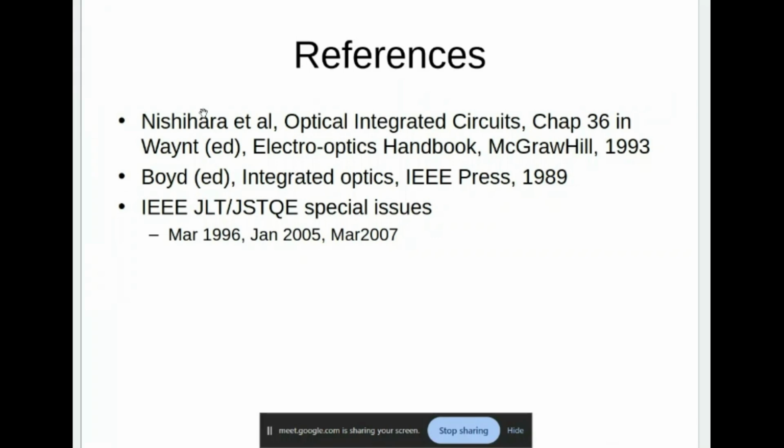I'll acknowledge the source. Then there are a lot of special issues of journals like JLT, Journal of Lightwave Technology, then special topics in quantum electronics. We have special issues every once in a while on not only integrated optics, but nonlinear optics, biomedical optics, optical signal processing. There are many issues. For those who are interested, should look at all these journals.